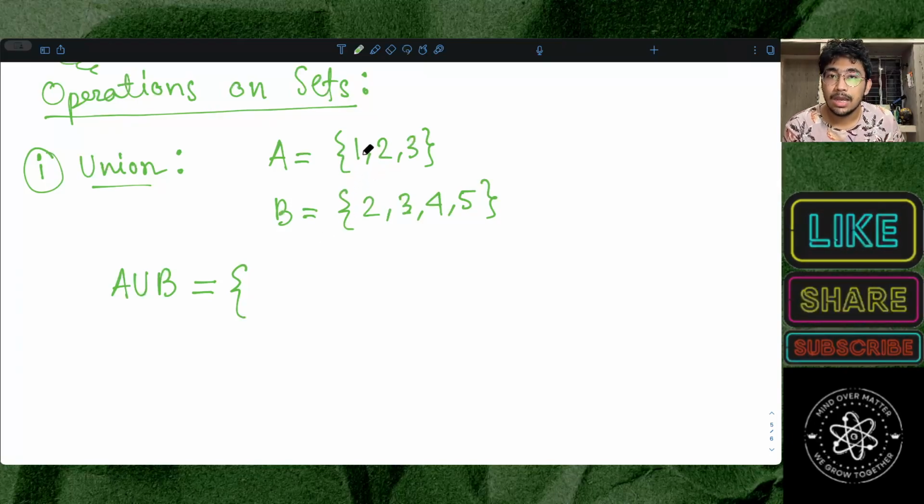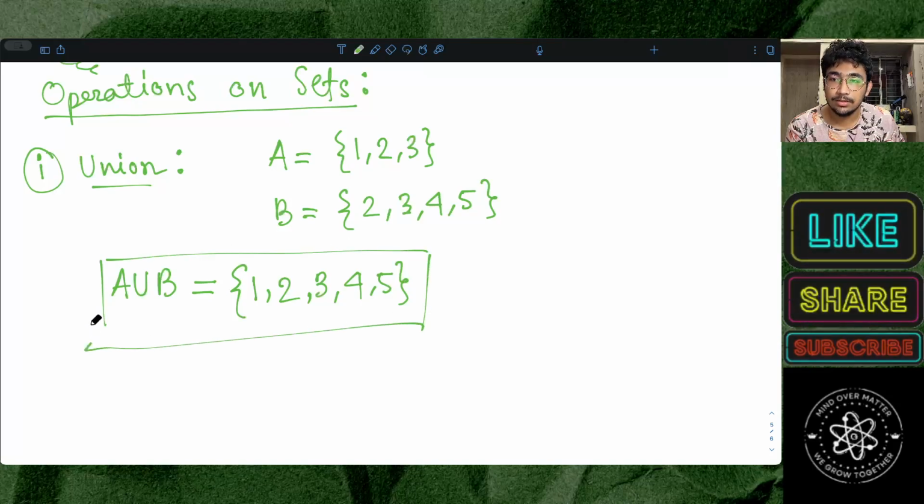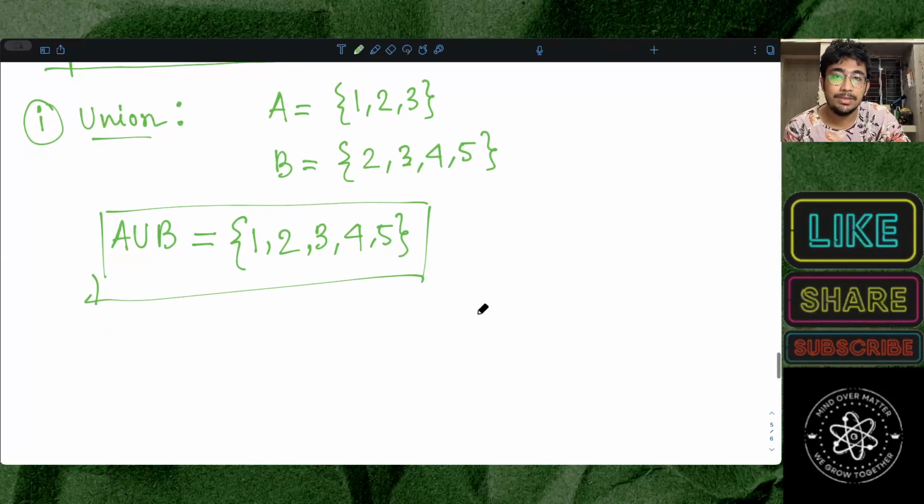It contains 1 because 1 is in A, it contains 2 because it is in A and also in B, but we cannot repeat the same element twice because elements of a set must be distinct, as we mentioned in the first definition in today's lecture. It also has 3, 4 and 5. So this is the operation union. A union B contains all the possible elements in A and B.